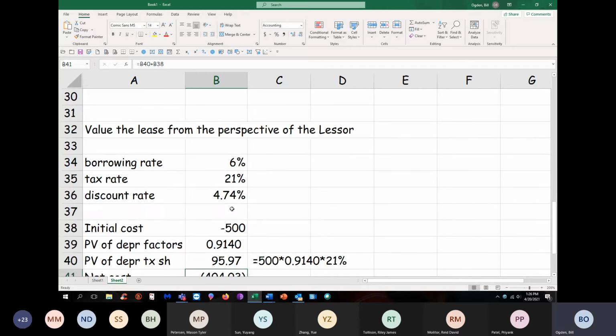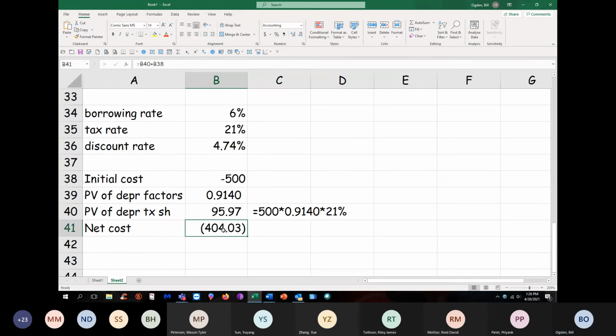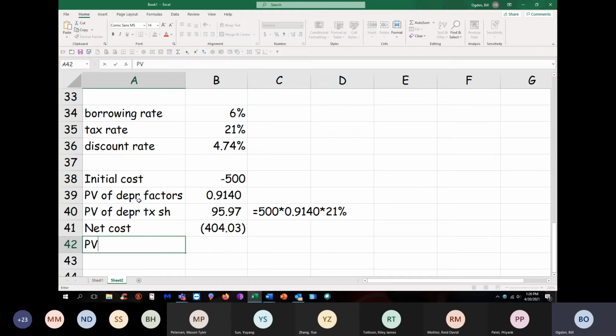Well, we're going to work with the same idea here. If we are to write this lease, then the present value of these after-tax lease payments has to exceed this net cost. Otherwise, there's no sense in writing this lease. So let's do the present value of the after-tax lease payments.